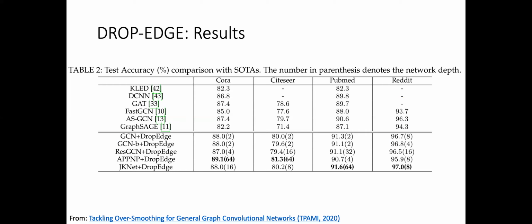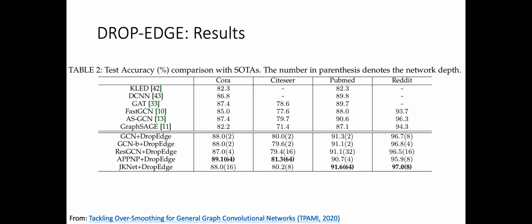Also, for most models with the drop edge, the best accuracy is obtained under a depth beyond 4, which means the drop edge would help to formulate a deeper network and alleviate the oversmoothing problem.